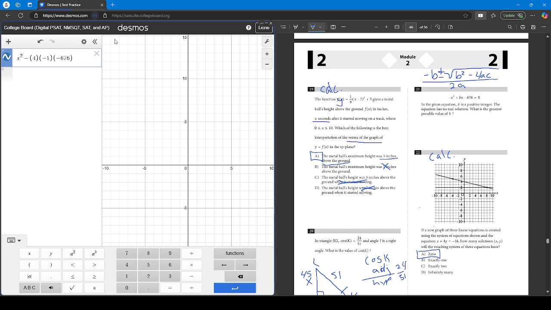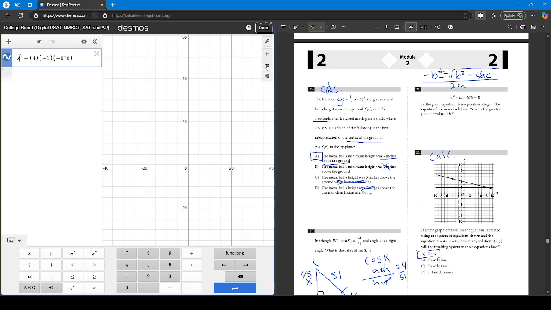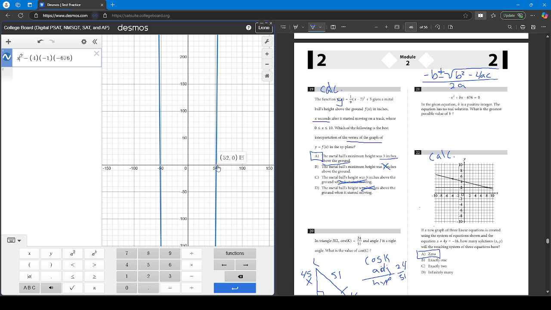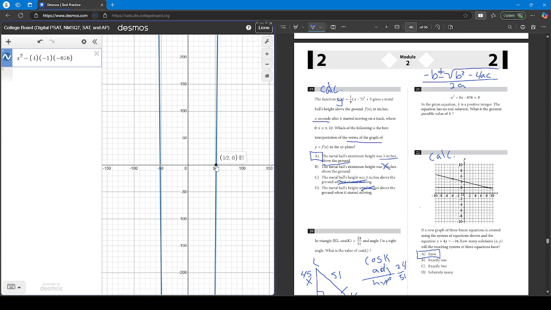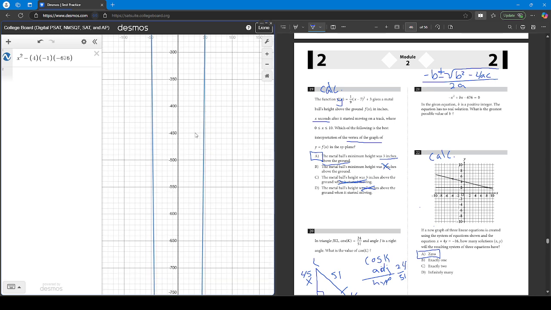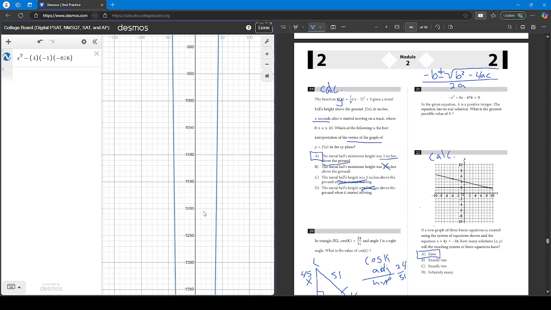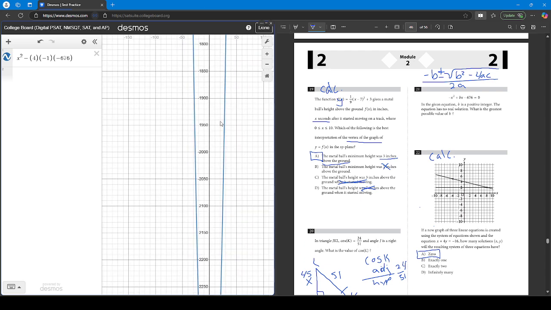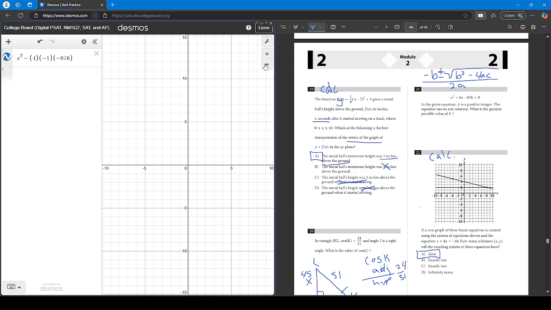Change that to x. What would you give me for a graph? 52 and negative 52 and a vertex way down there. Okay, interesting.